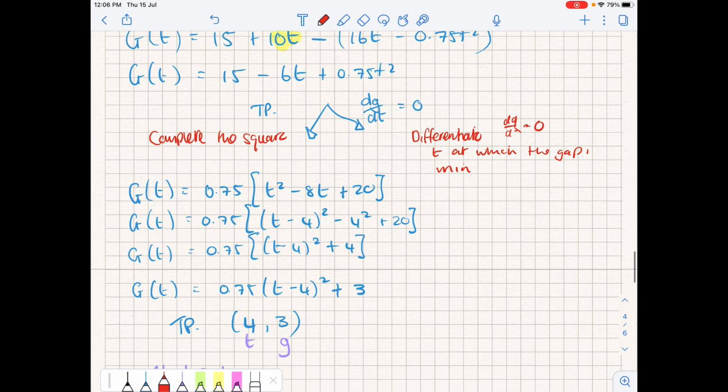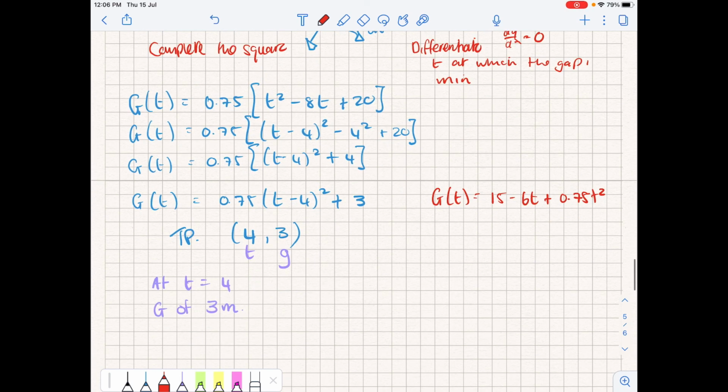So my function g of t is equal to 15 minus 6t plus 0.75t squared, right? The derivative, g dash t, right? We need to differentiate, so we're going to take 0.75 times 2, which is going to give you 3 over 2t minus 6. There's my gradient function, right?